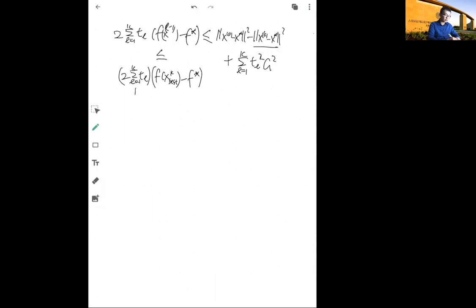But now that everything here about the step sizes is grouped together, we can divide both sides by this sum of step sizes.